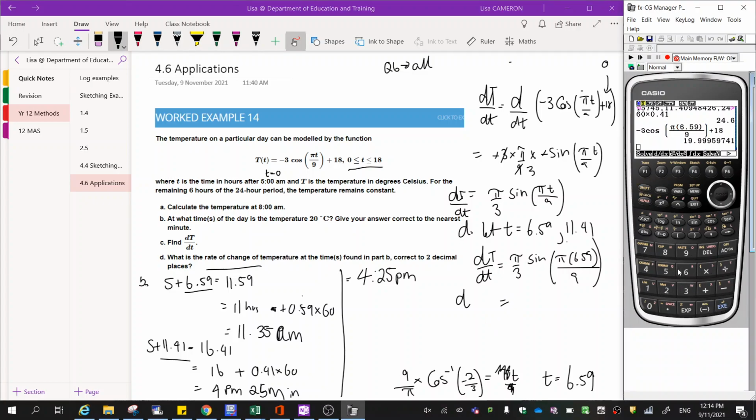So pi divided by 3 sine pi 6.59 all over 9. Close that bracket. Press execute. Okay, so the rate of change of the first one is 0.78. And for the next one, I'm just going to go back through my initial formula.